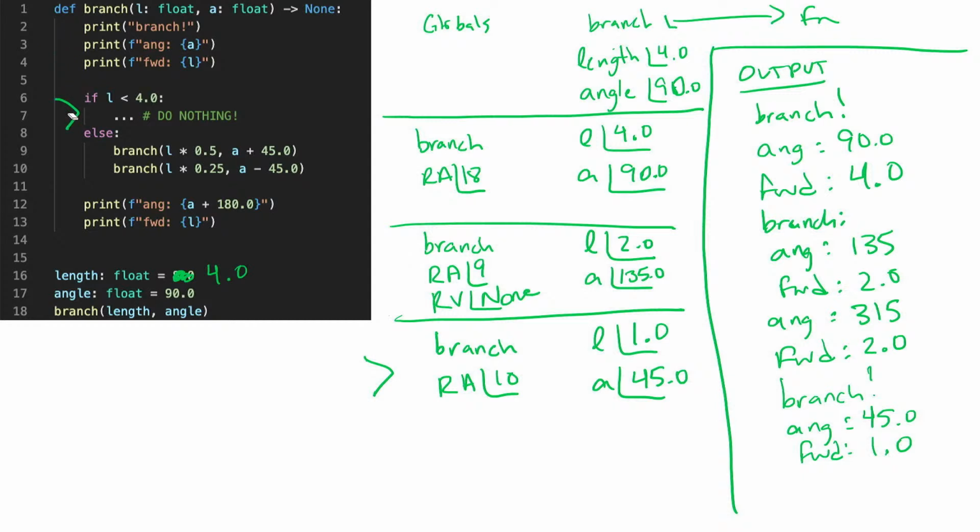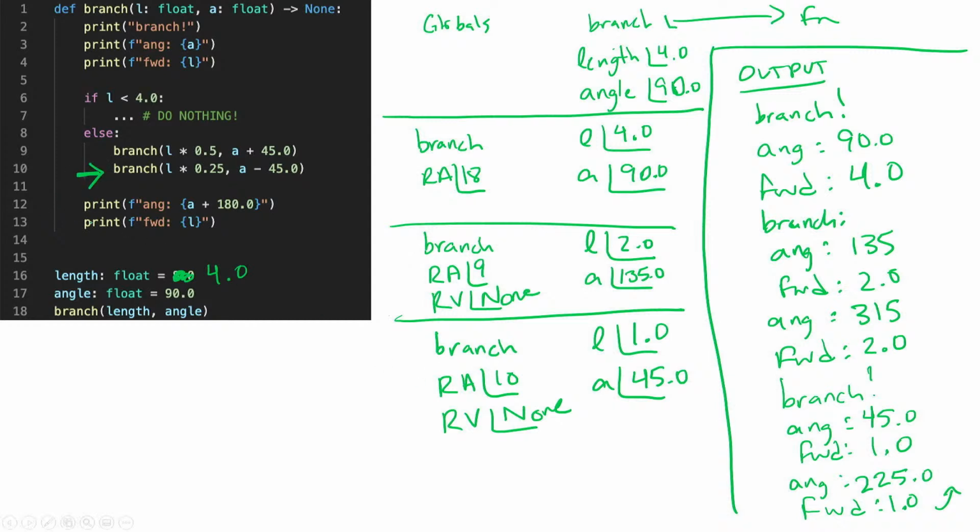Well, our L is 1, so it is less than 4, so we do nothing. And then we print this angle again, which is 235, no, 225, if I could add. 225, and L is forward 1.0. All right, and then I'm just going to continue on at the top. So here's where things continue to be a little bit interesting. So we return none, and we return to line 10, all right?